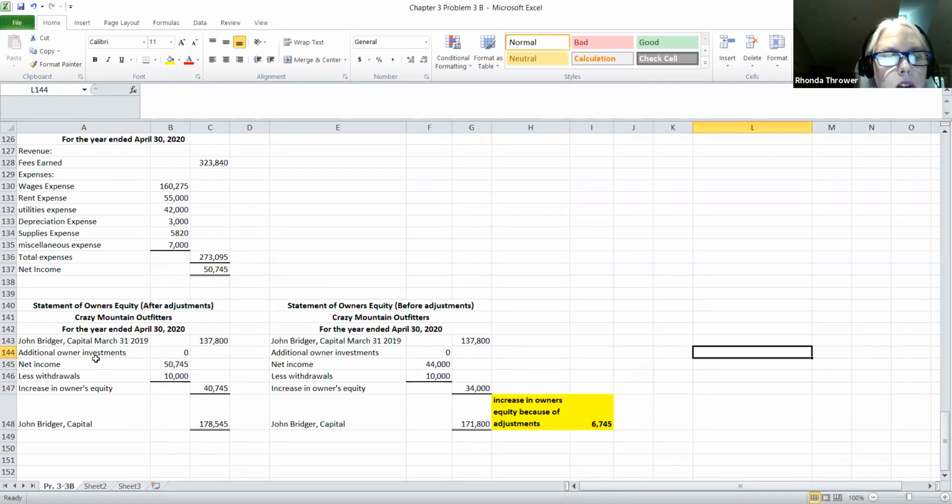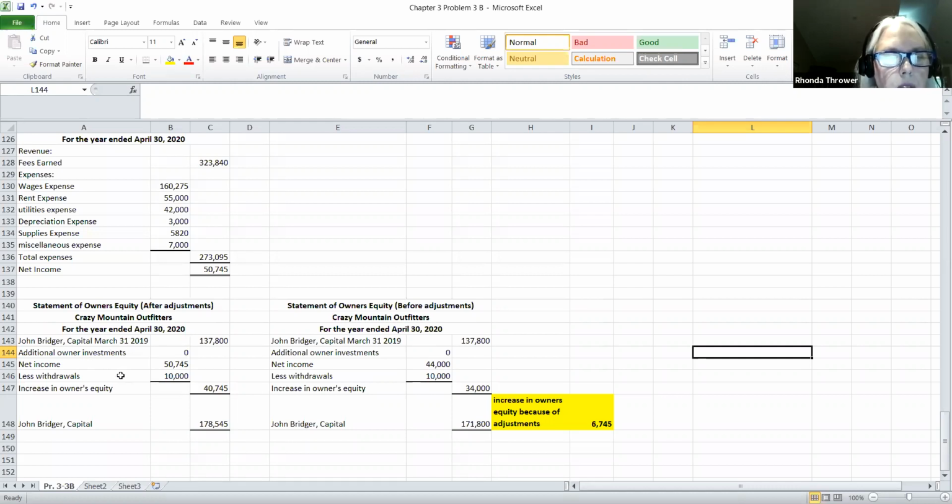Because the owner did not make any additional investments, they didn't tell us anything about the owner going out and giving the company some more cash, I'll just put down a 0 here. If you had owner's investments, it would go right here, but there were none in this case. What you have to know is that net income will add to your owner's equity.